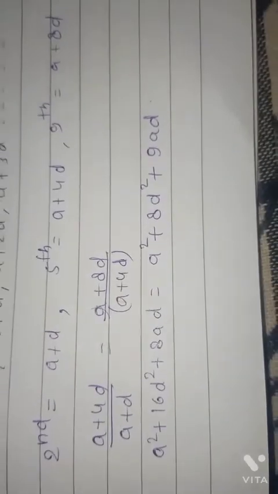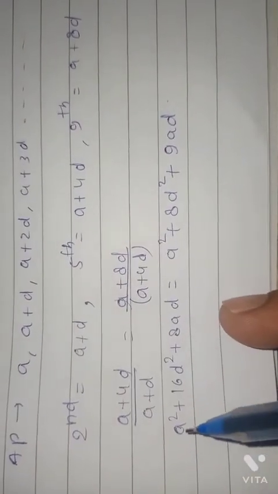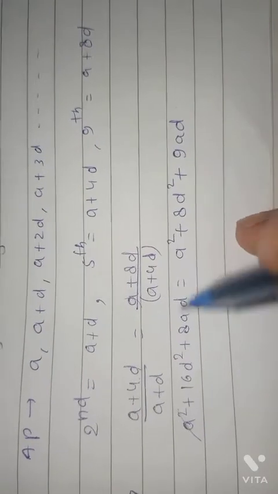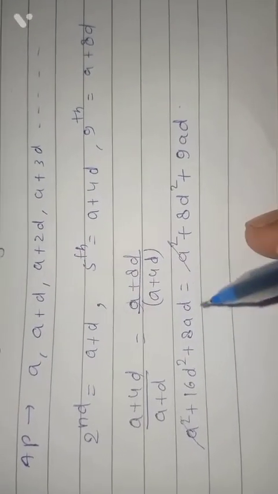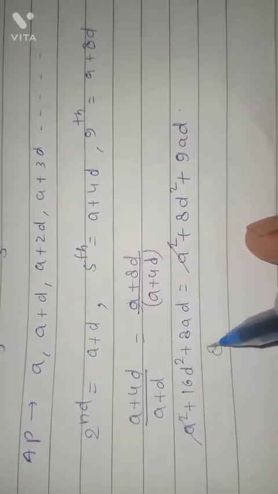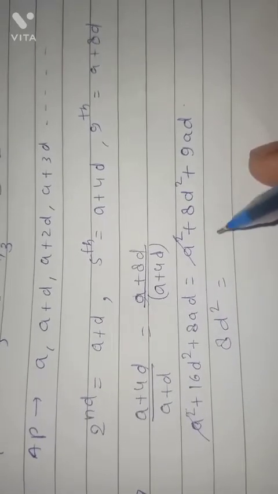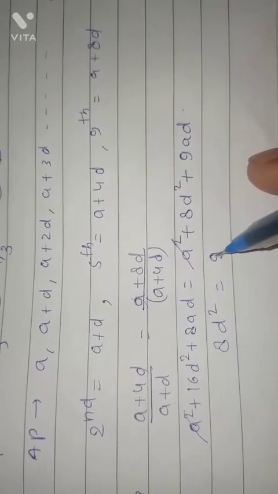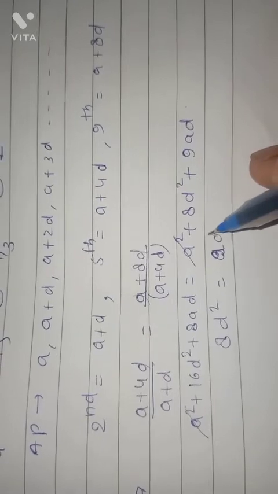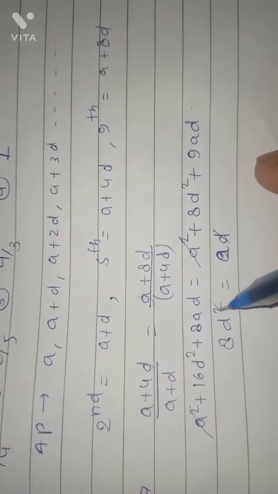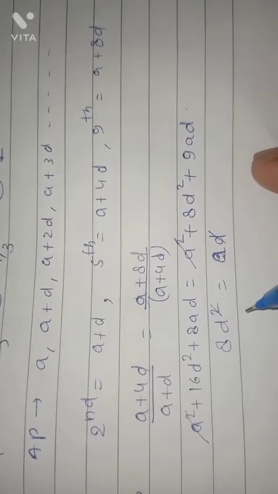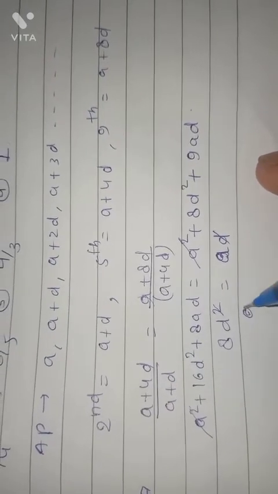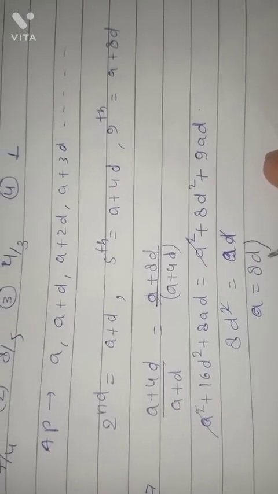By cross multiplying both sides and solving, we get 8d square is equal to 9ad, and by solving we get a is equal to 8d.